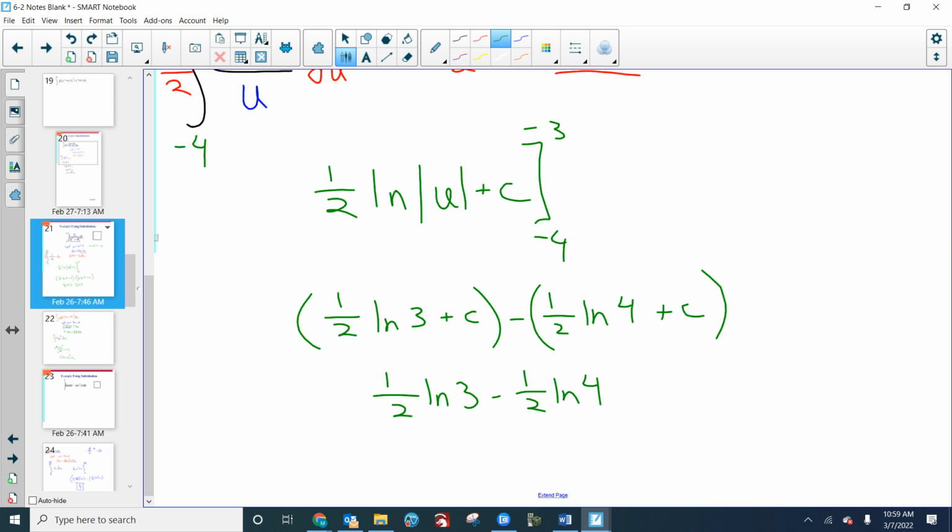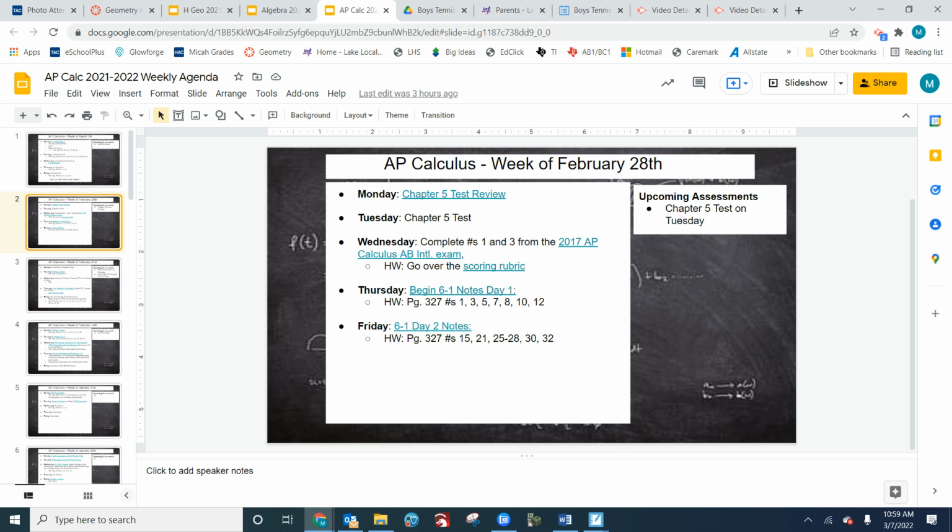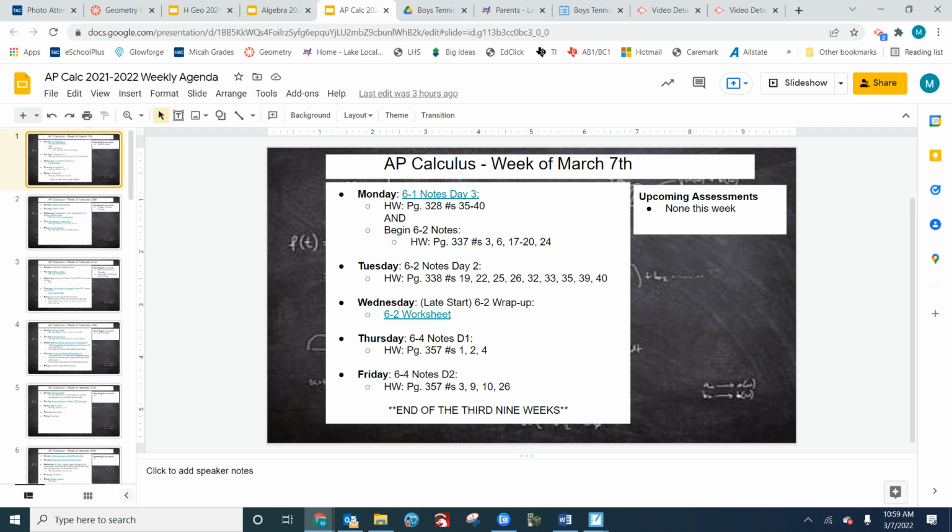We're going to do some more of these tomorrow. I need your best attempt at the homework. Speaking of homework, you're going to do a couple from 6-1. Let me double check that, make sure that's good. But the ones from 6-2 are down there. So from 6-1, you're doing 35 through 40, which are more matching of slope fields.